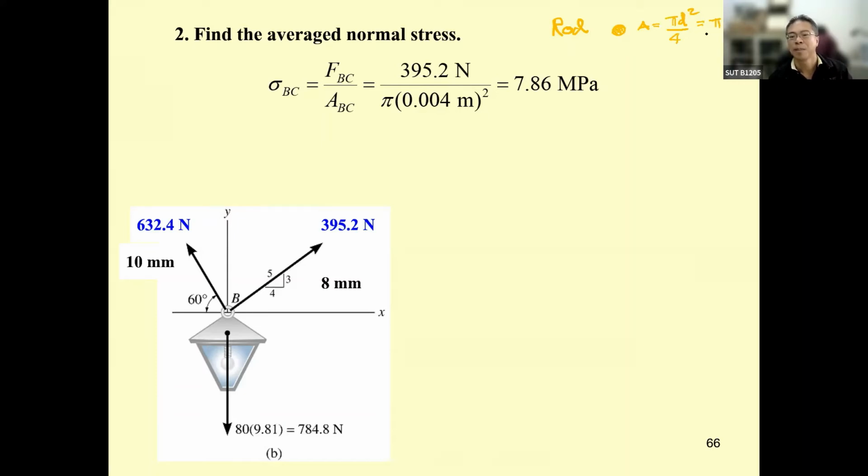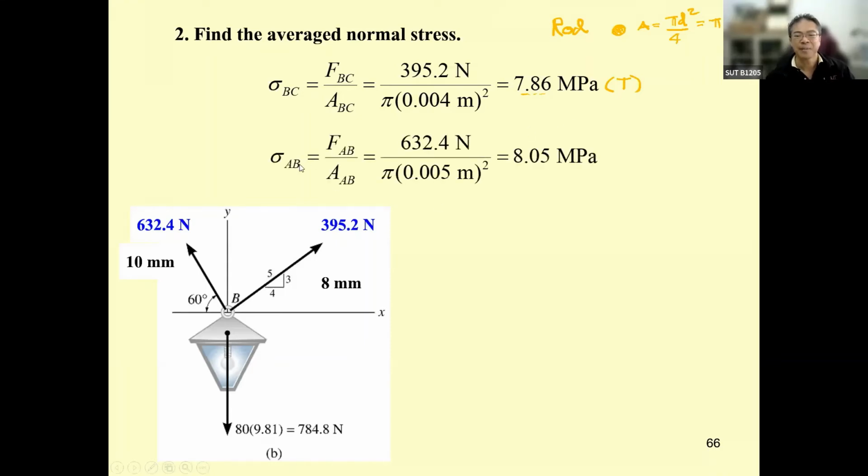It's up to you. This one is pi radius square, and then you get 7.86 megapascal in tension. And F sub AB over here, even though it's bigger, diameter is 10 millimeter, you change it to radius in meter like this, you get 8.05.